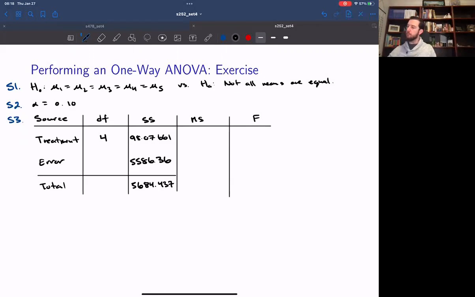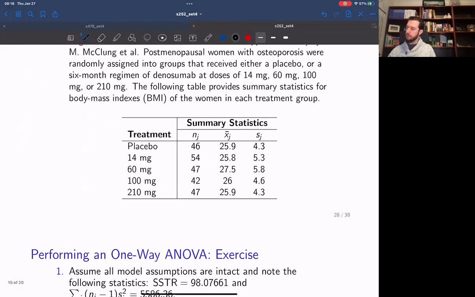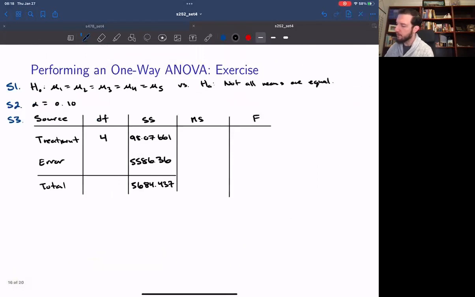So from the previous table, if we add the 5 sample sizes together for each group, we will get 236. So this is little n. Okay, so therefore, DF total is going to be 235, and the DF error will then be 231.